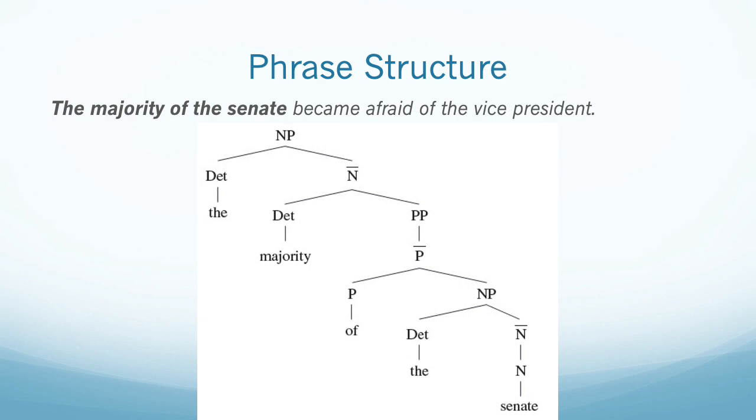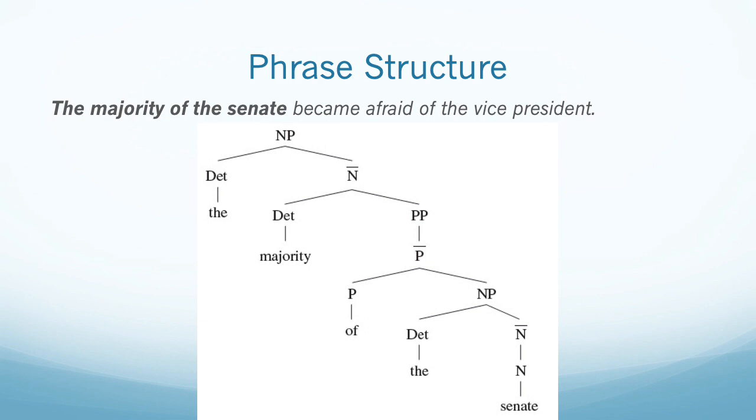So to break that down, notice at the top we have NP, which stands for noun phrase, which branches into the determiner the, and then that N bar level, which has majority labeled as a noun, and then a prepositional phrase of the Senate.